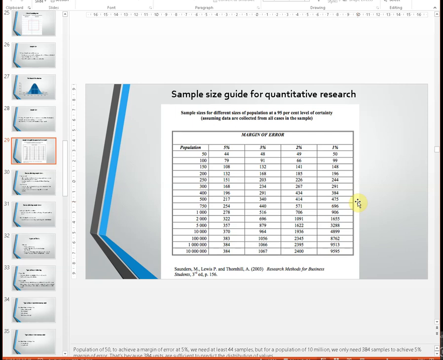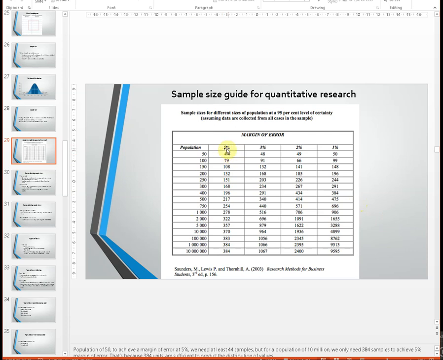So, how can we use this sample size population table? That's a table that's available in the core textbook, the Saunders textbook. If you search online, it's also a well-used sample size reference table. The first column here represents the size of the population. The second column is the margin of error.